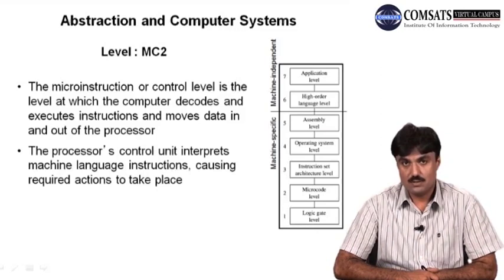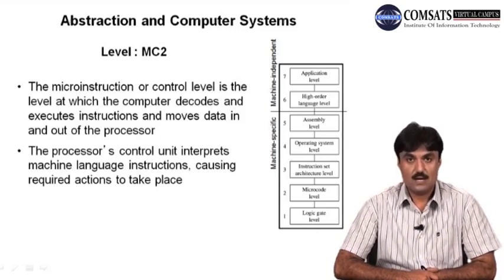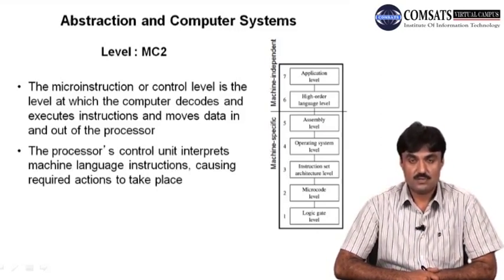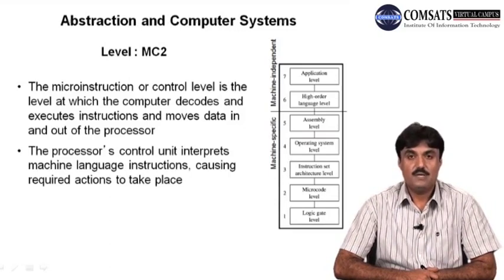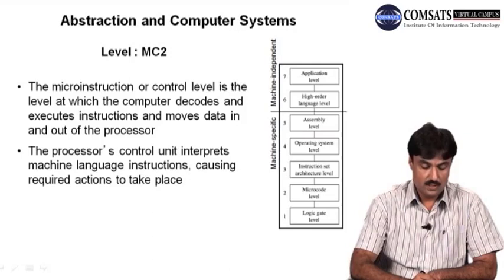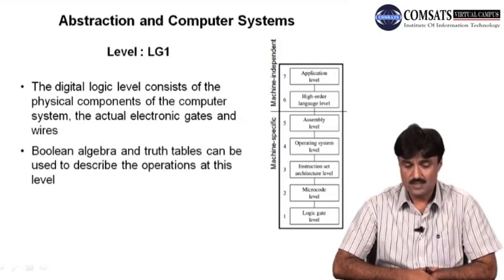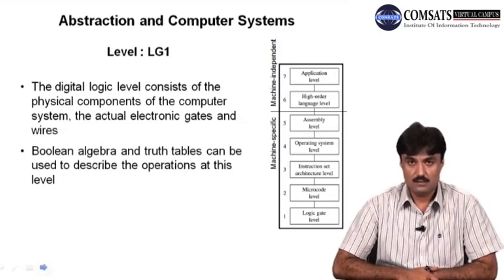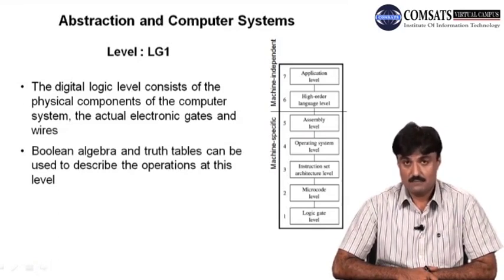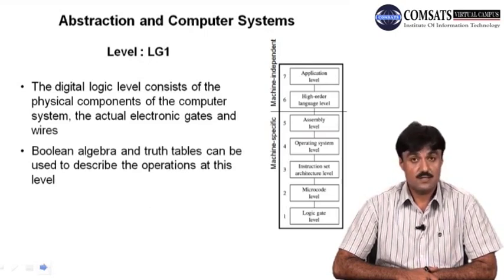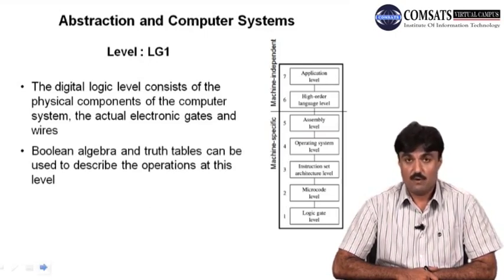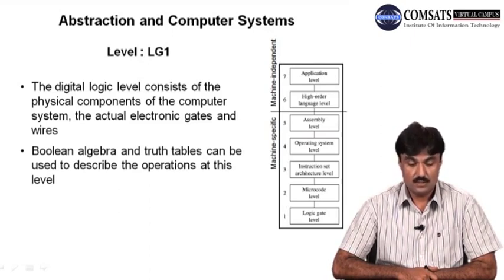These are the actual signals or binary instructions being executed by the computer system. This is the lowest level, level number 1, called the logic gate level. This level is the actual circuit that is executing all those instructions.